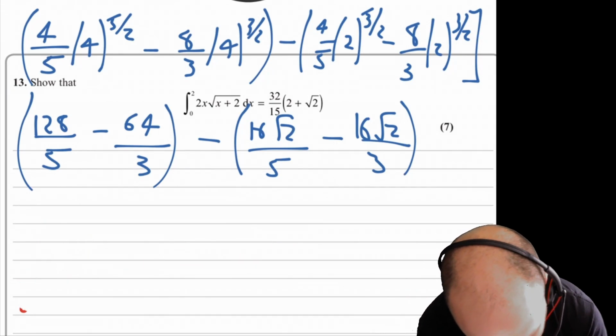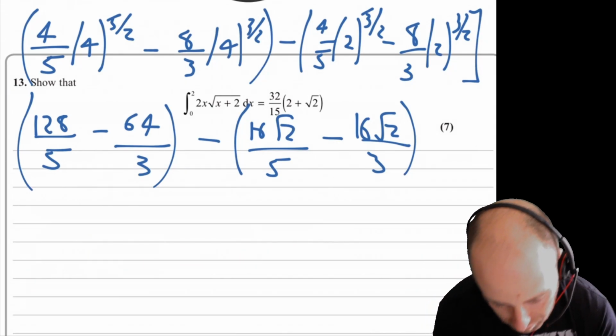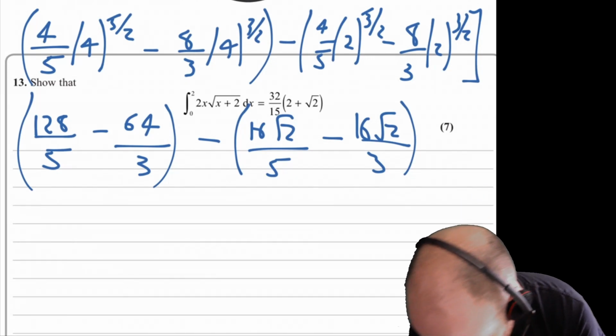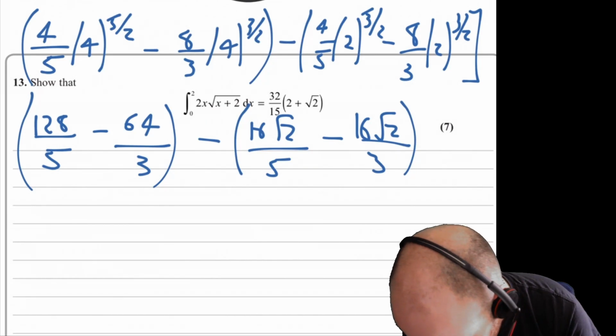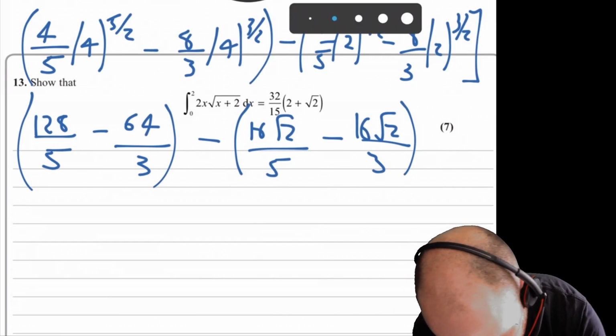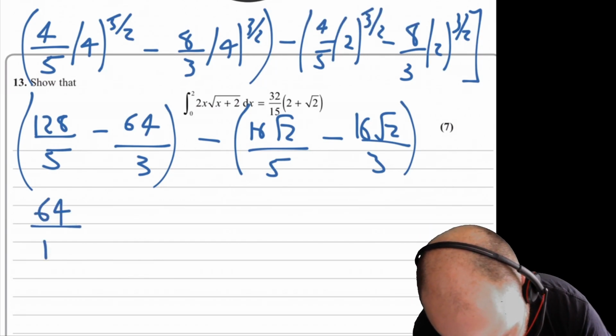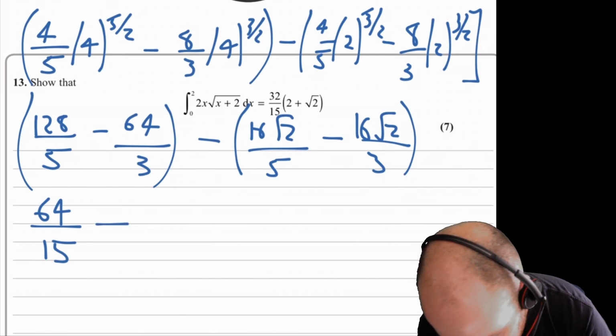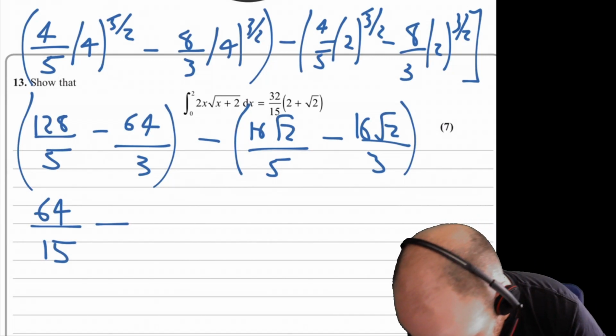So we're going to add these fractions together, and then we're going to look for common denominators. So 128 over 5 take 64 over 3 gives me 64 over 15. Minus 16 root 2 over 5 minus 16 root 2 over 15. Again, common denominator of 15.